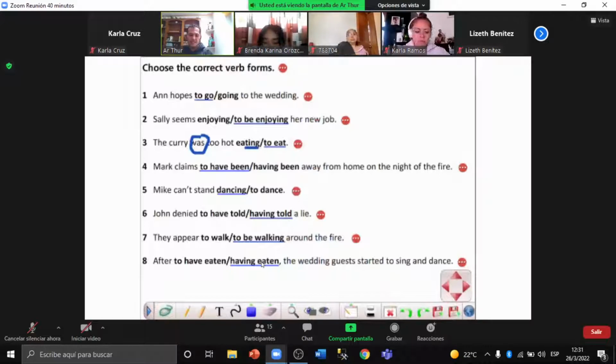After eating, after having eaten. Después de comer, el coro comenzó a cantar y a bailar. More clear?